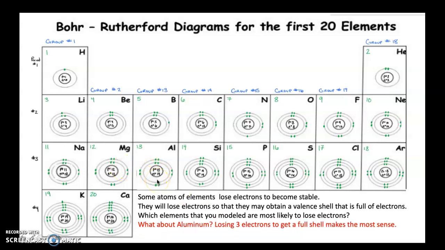And again, look at what happens. You get a full shell of 8, and I see 2 electrons in the first shell, 8 in the second, and then when I circle over here, that looks exactly like neon in terms of electrons. But again, I'm going to remind you that it is still aluminum because it's got the 13 protons and it has the 14 neutrons in the nucleus.